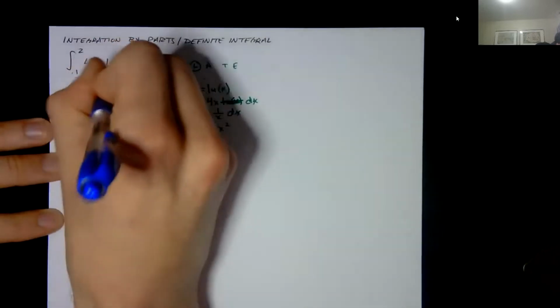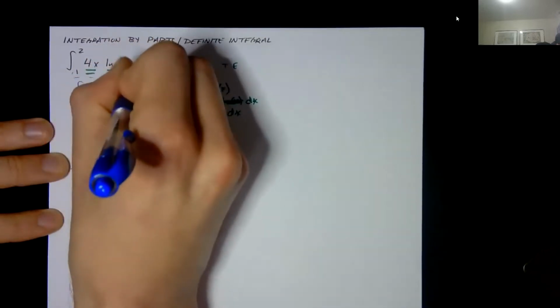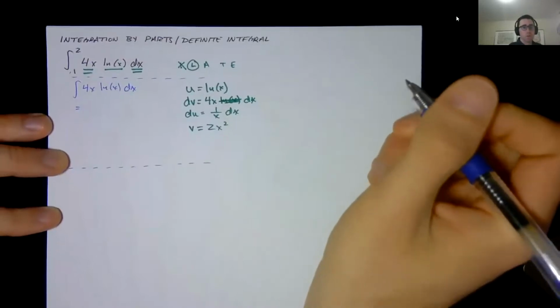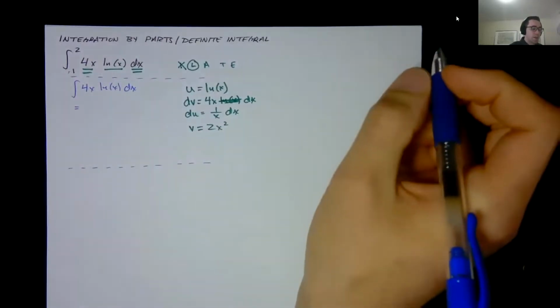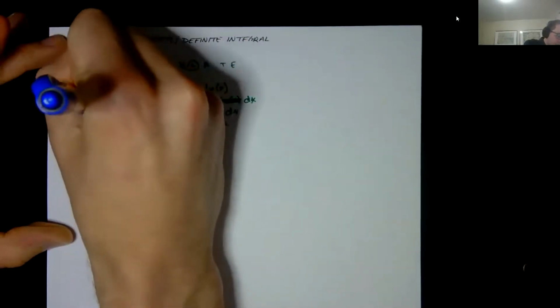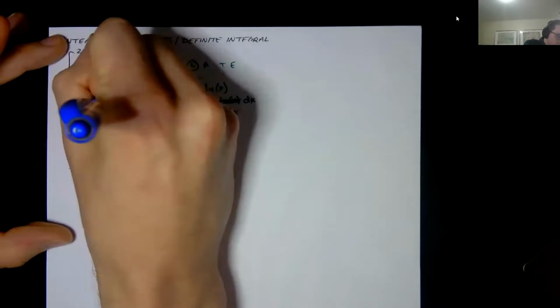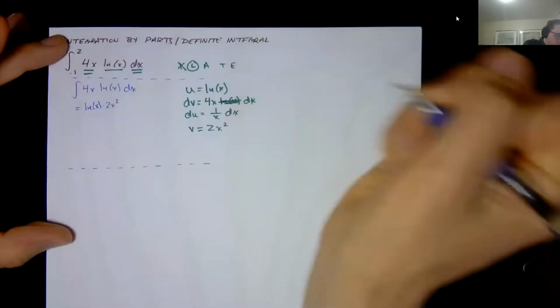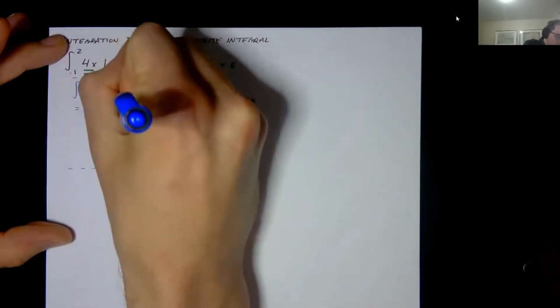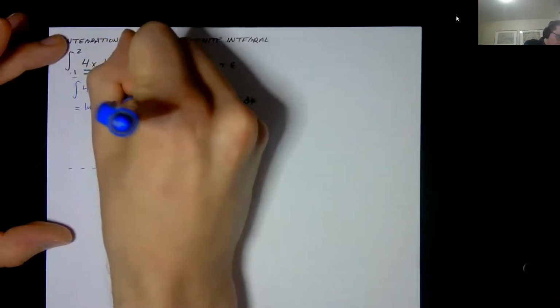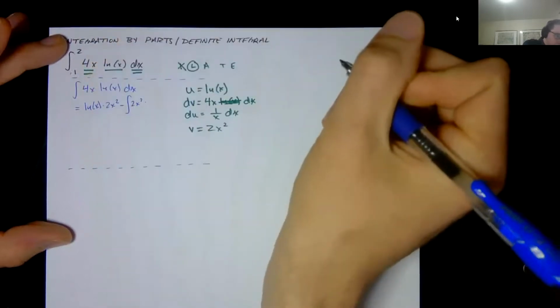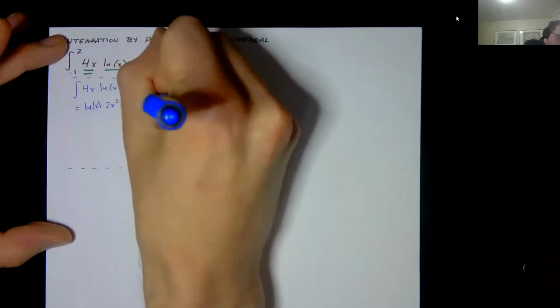We start with the integral of 4x ln of x dx. And then we're going to use that formula to convert this to an integral that's easier to solve. So with that, we have ln of x times 2x squared, that's my uv, minus the integral of v, 2x squared, du, which is 1 over x dx.